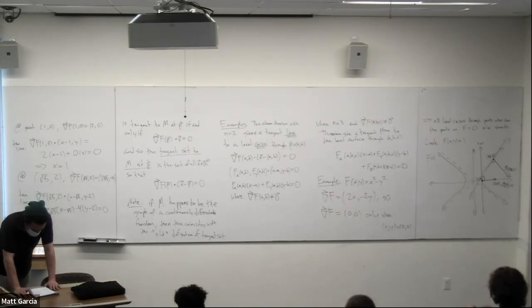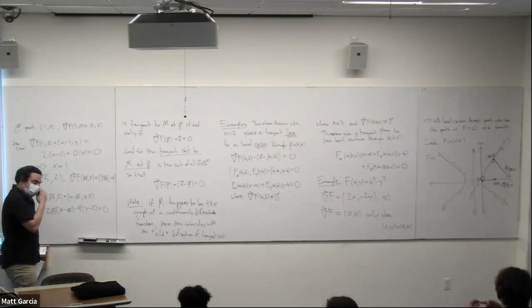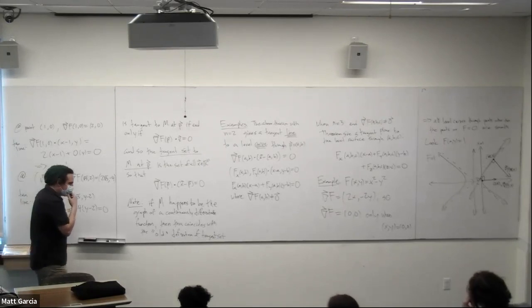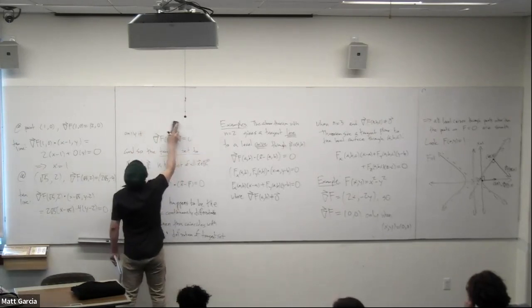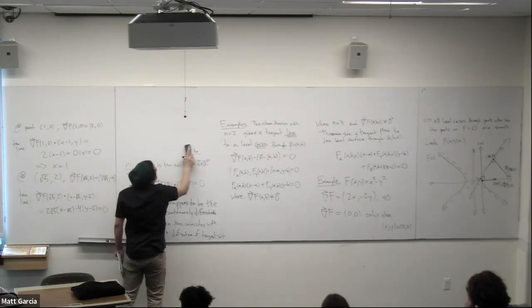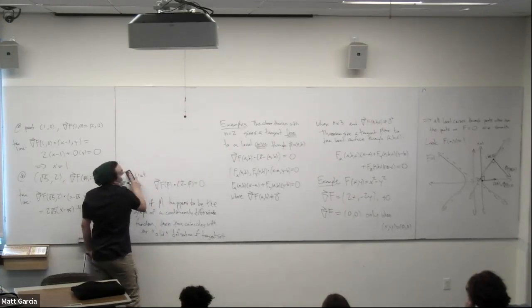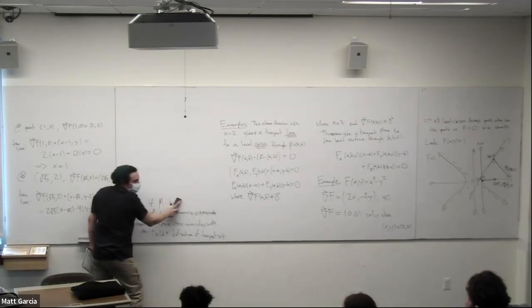Okay, so when the gradient of a function happens to be the 0 vector, that's an indication that we might not be smooth at the level set that goes through that point.